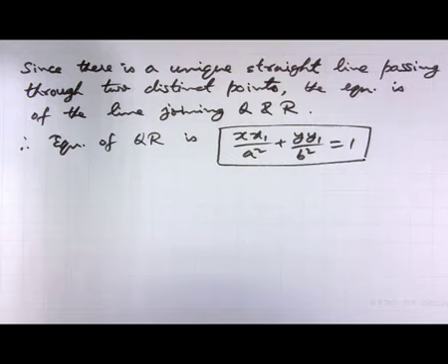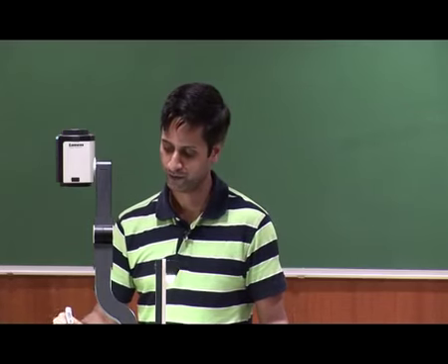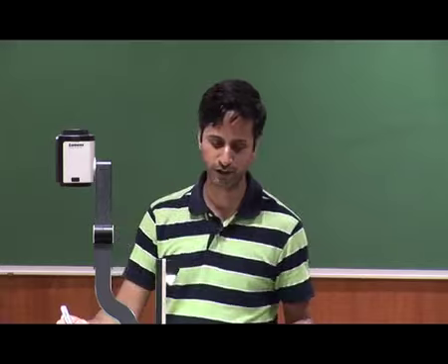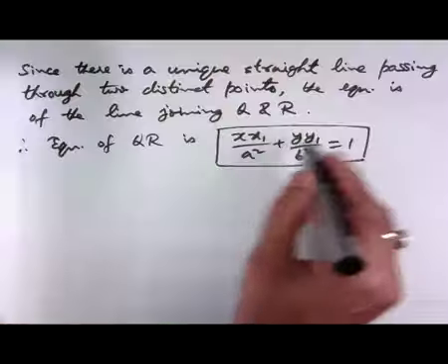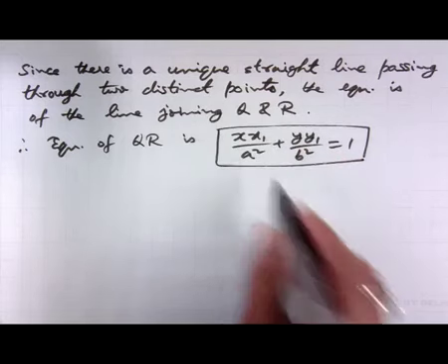So, note that this equation looks very similar to the equation of the tangent line at point (x1, y1), but in this case the point (x1, y1) lies outside the ellipse.